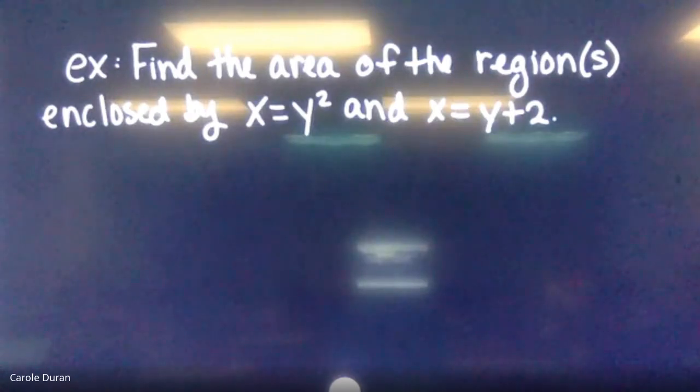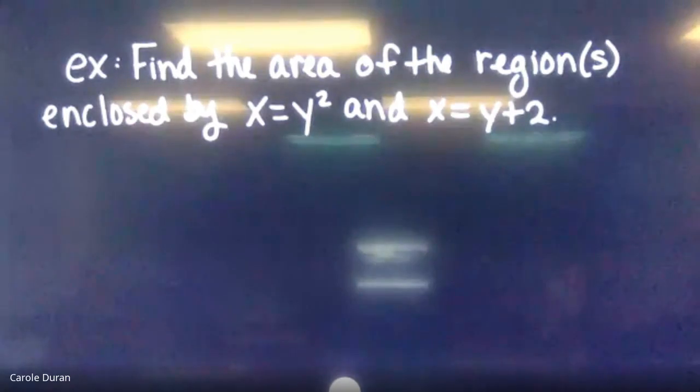So this is an area based off the y-axis instead of the x-axis, but it works the exact same way. We leave our functions in terms of y, and our integration bounds will also be in terms of y. Just be sure that both of your functions are in terms of the same variable.